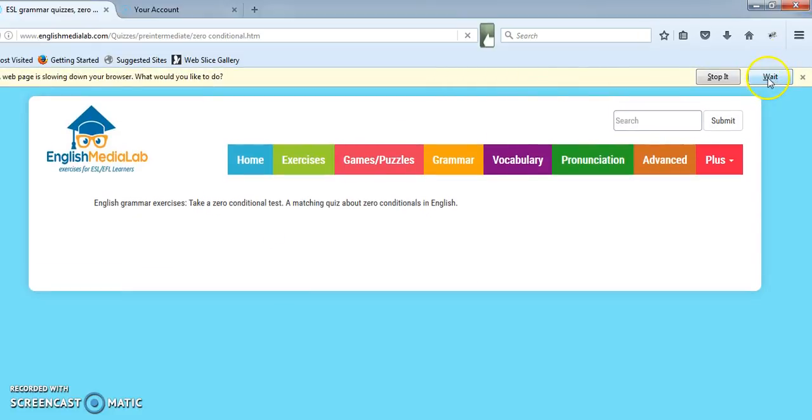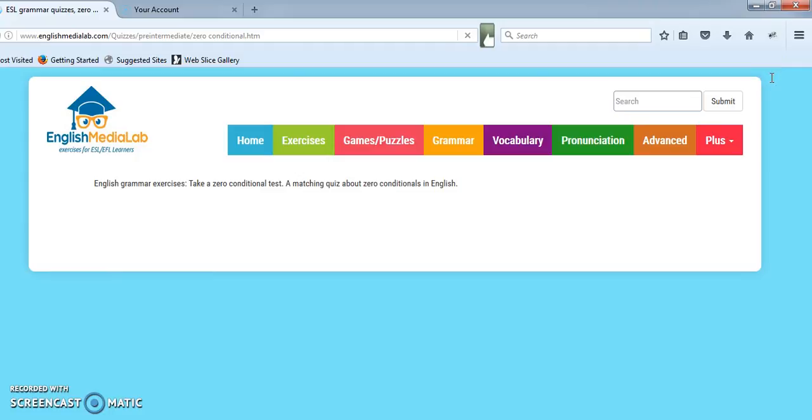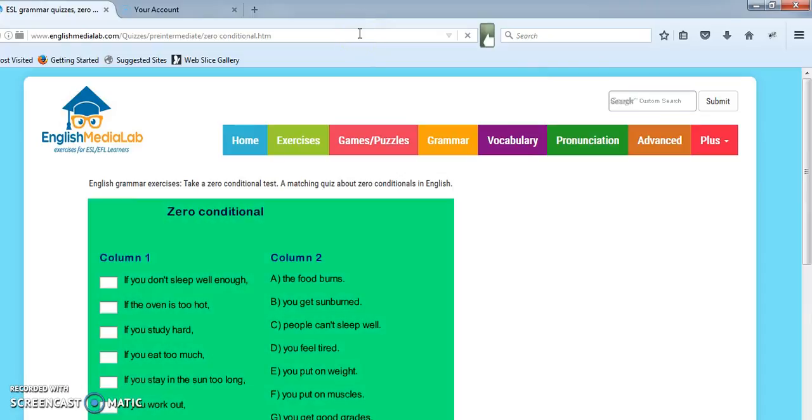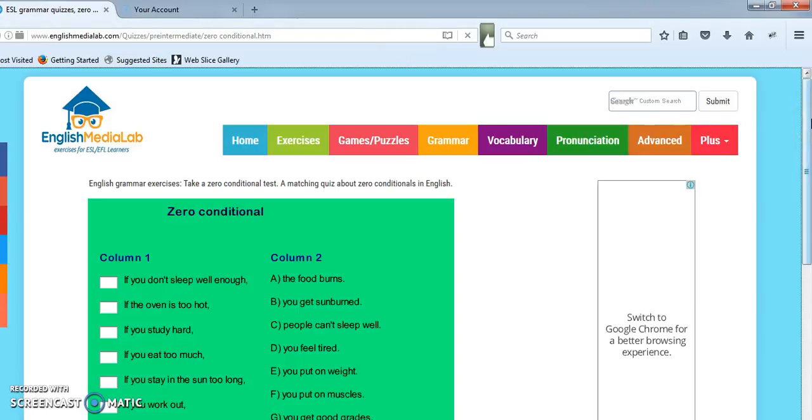Okay. Stop. Okay. These are the exercises about the conditionals. English grammar exercises. They are a zero conditional test, a matching quiz about zero conditionals in English. Okay. You can do this exercise.